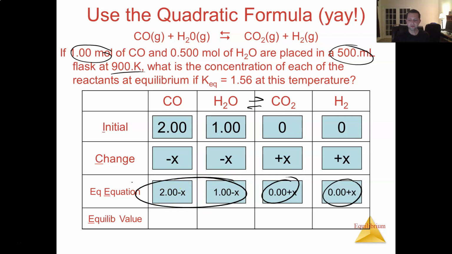The next slide doesn't have this chart, so I need more room. You can just use your notes to see how it gets filled in. So we have x squared over 2.00 minus x times 1.00 minus x.